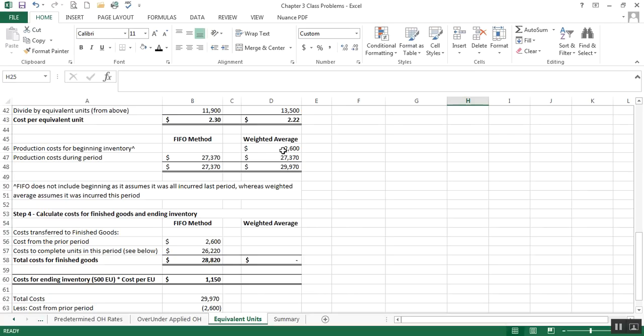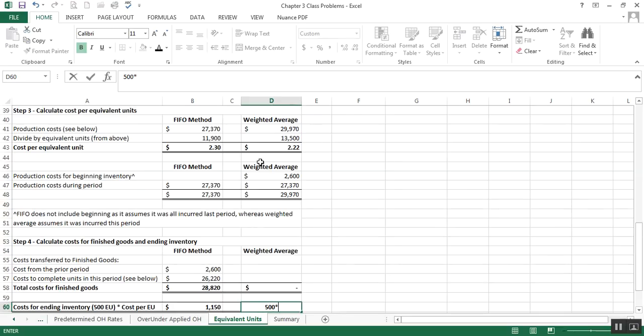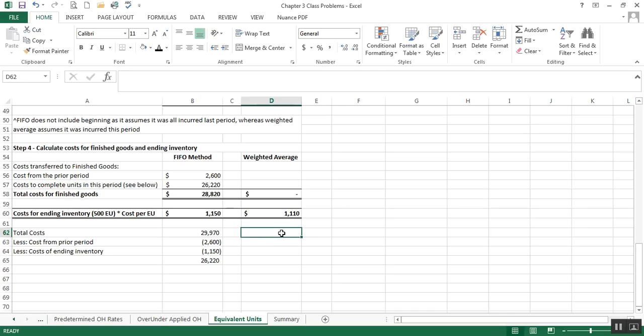So now here we're going to do the same thing. Calculate our ending inventory, which is 500 units, times our cost per unit of 2.22. That gives us 1,110. So we're going to take our total cost of 29,970.